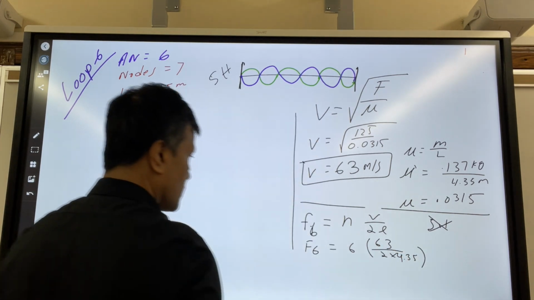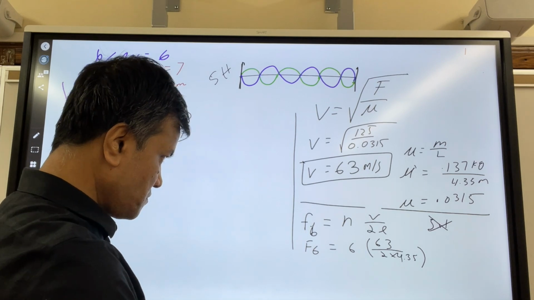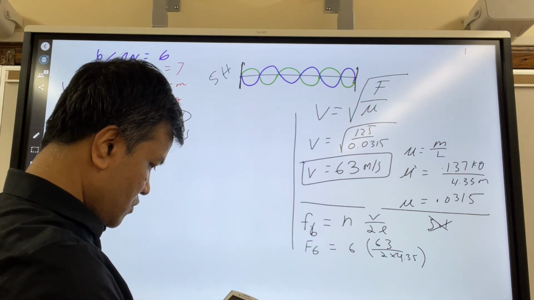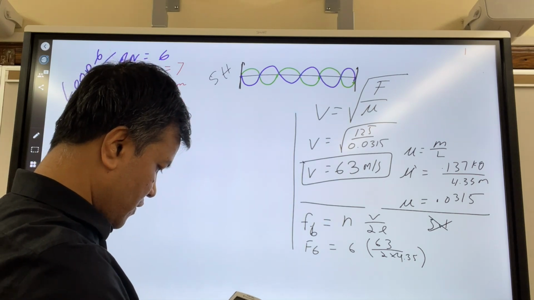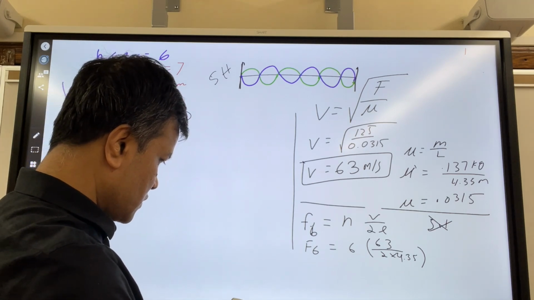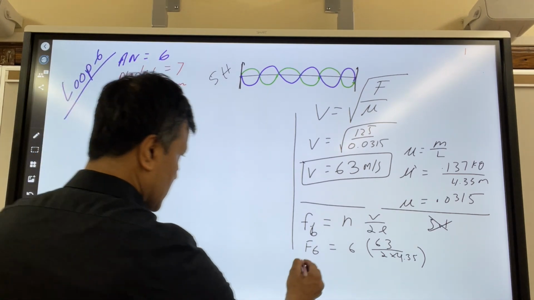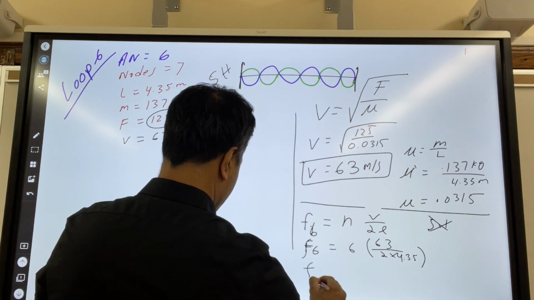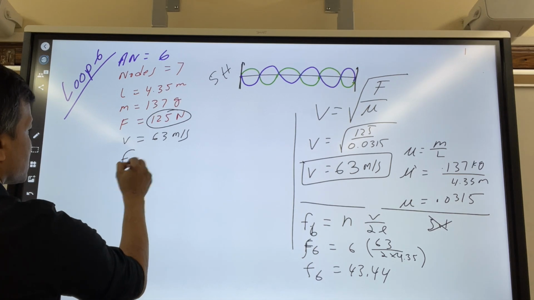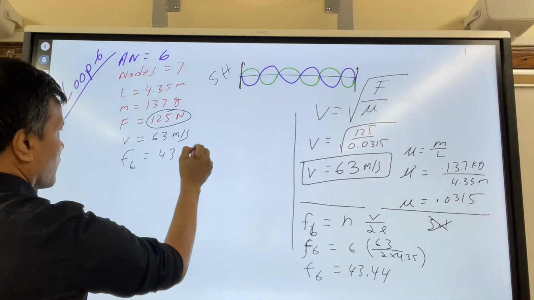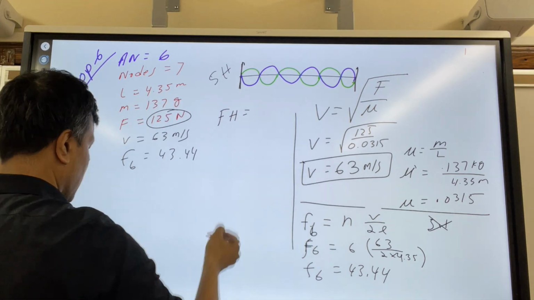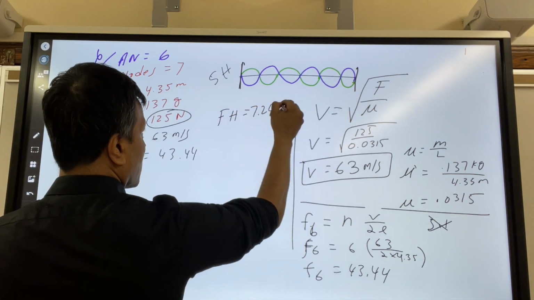Velocity is 63. 2 times l is 4.35. So 63 divided by 2 times 4.35, times 6. So frequency is 43.44. So the frequency of the sixth harmonic is 43.44. The frequency of the first harmonic is just divided by 6, and you get 7.24 hertz.